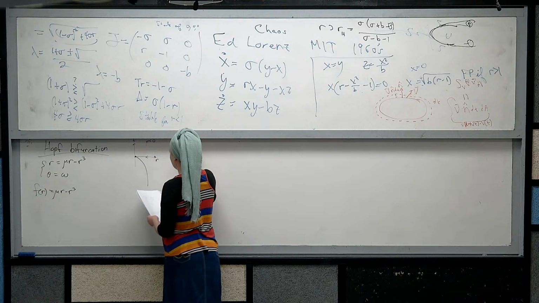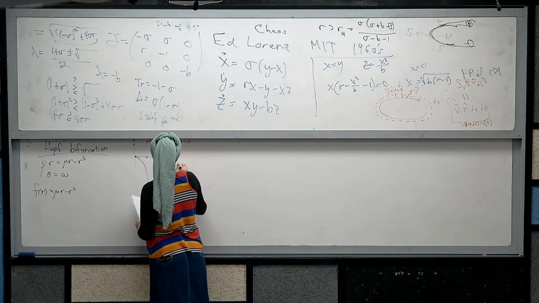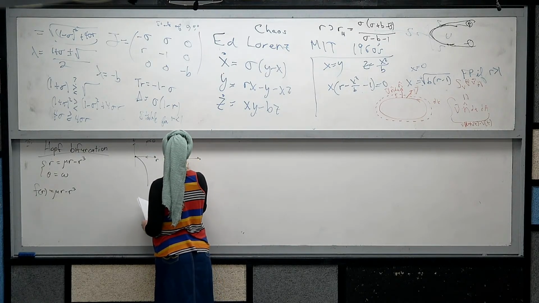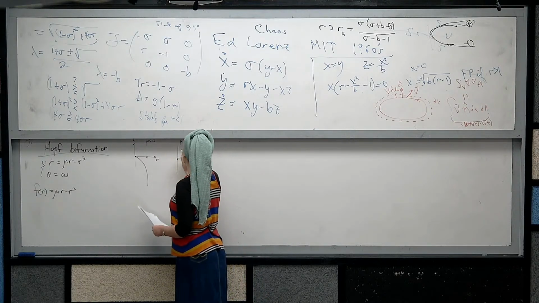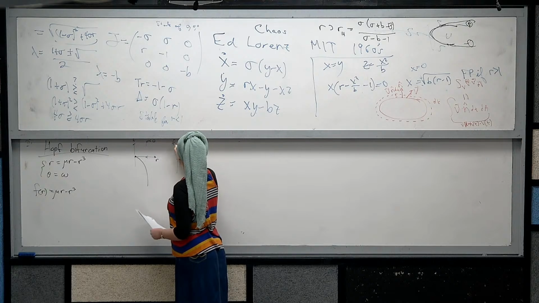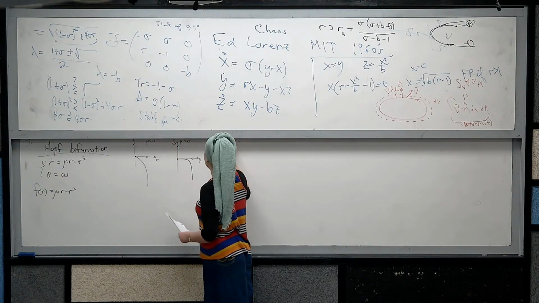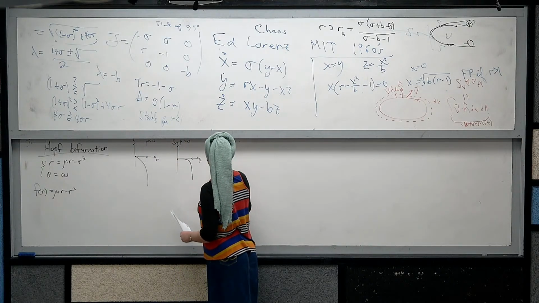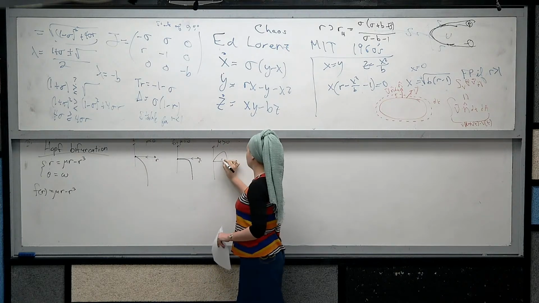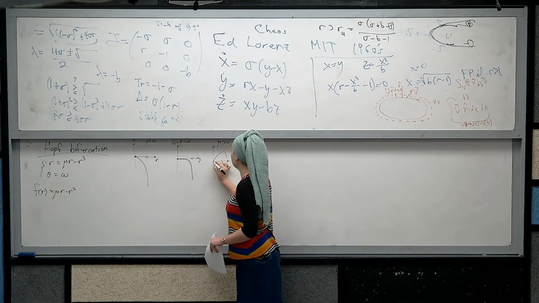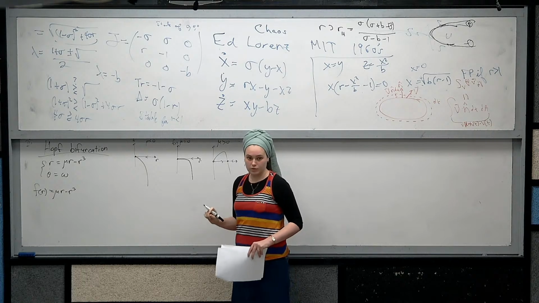When mu equals 0, we have something similar but in a slightly different shape. And for mu bigger than 0, we have this, which means here we have a stable point and here an unstable point.